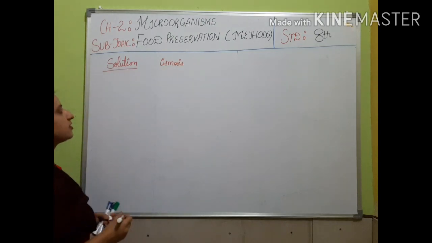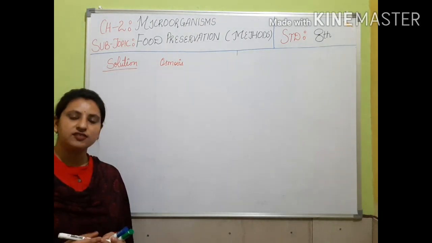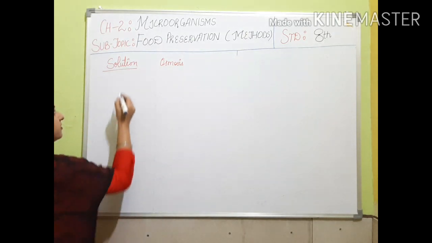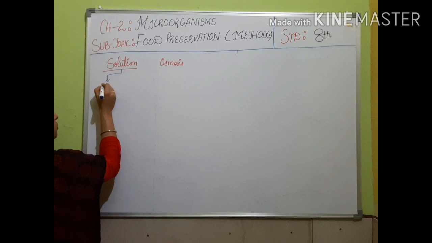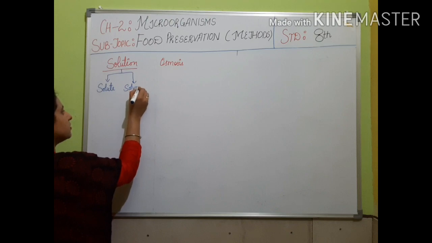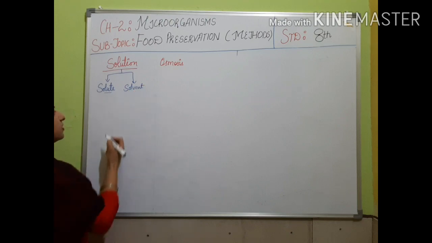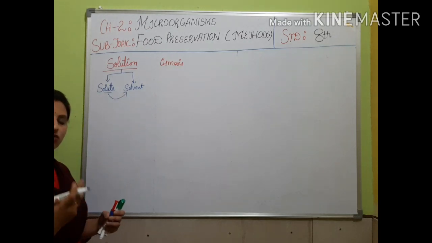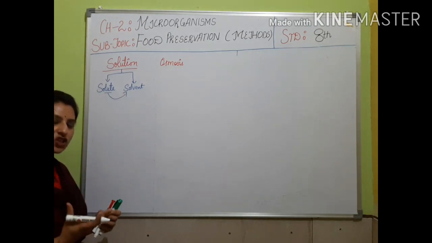A solution consists of two main parts: one is solute and the second one is solvent. Solute is in small quantity and is added in the solvent, and solvent is in large quantity.